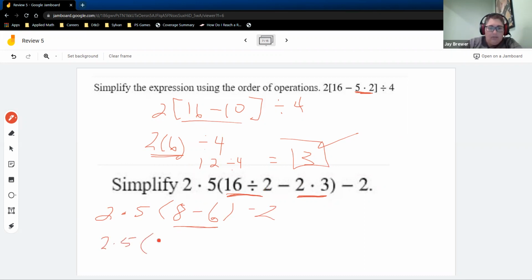Again, we have to do the inside first. We can't just ignore that and do the outsides. So now we can do this outside because we see it first. Whoops. Wrote incorrectly there. That should not be a 6 anymore. That's a 2. So 20 minus 2 will actually give us an 18.